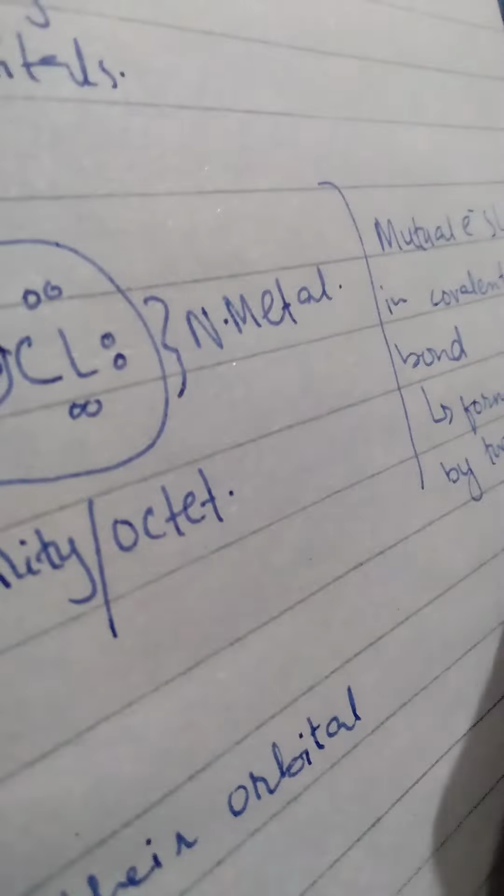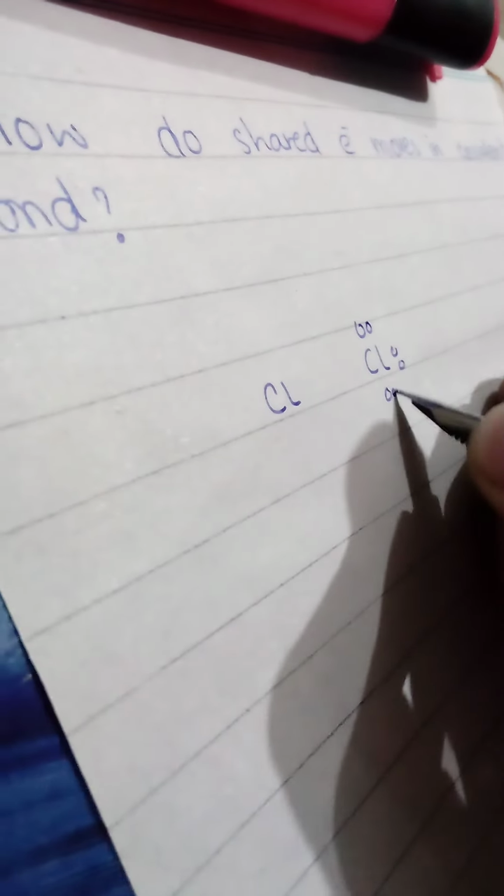Here we have the question: how do shared electrons move in the covalent bond? As we took the example of chlorine atoms, they both have 7 electrons in the last shell, and they share one electron with each other to complete their octet.